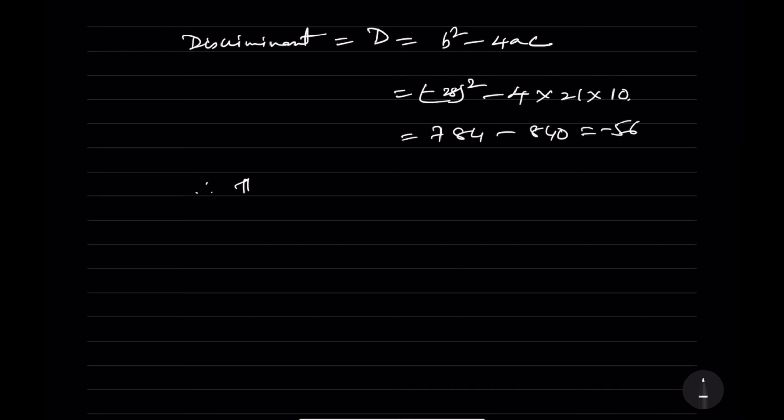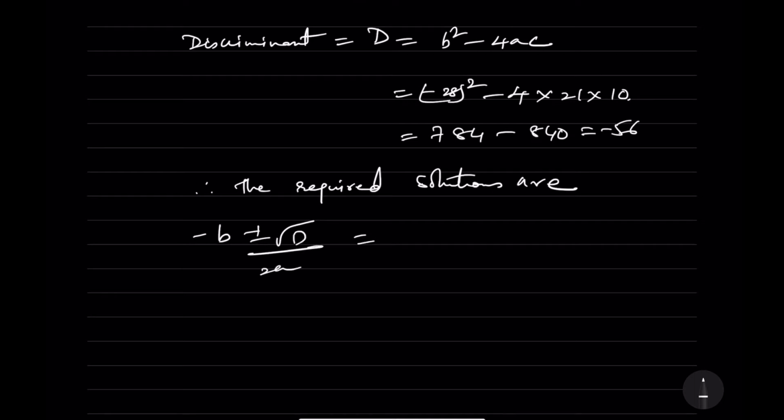So the required solutions are given by (−b ± √D) / 2a, which is equal to (−(−28) ± √−56) / (2 × 21).